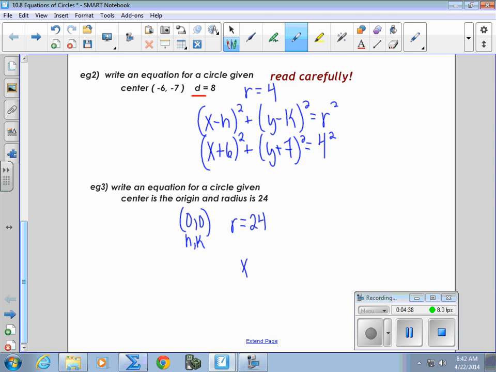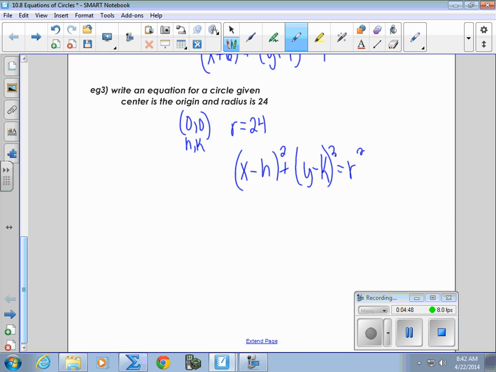So the equation is (x - h)² + (y - k)² = r². So we put this in, we get (x - 0)² + (y - 0)² = 24². You can leave your answer like this, or you can rewrite it. This is actually x² + y² = 24².